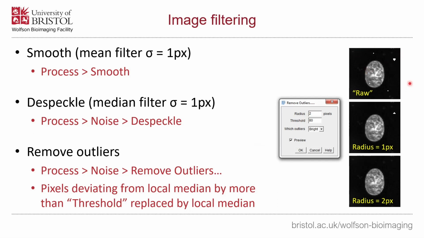If we have this raw image here, and I put raw in inverted commas because I manually put in a bit of salt and pepper noise, and we apply this with a radius of 1, you can see that it's removed these tiny outliers, but this larger object has only been reduced slightly. If I increase that to 2, you see that all of those large features have gone, whilst the fundamental intensity distribution within that nucleus remains largely unchanged.